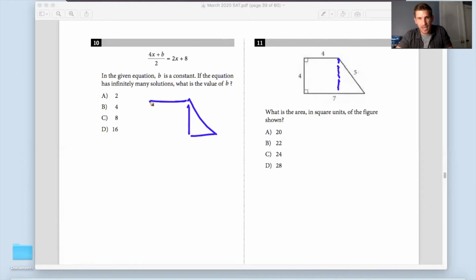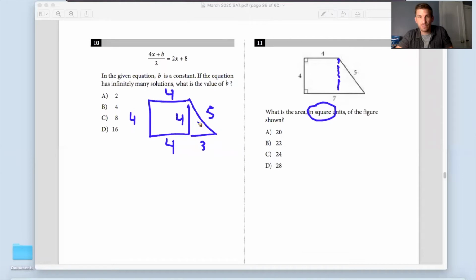So here's what I have, and I normally wouldn't redraw all this on the test, but I'm just going to do it so you can see it. So here's 4, here's 4, here's 4, because it says a square, so it's equal on all 4 sides. So 4, 4, 4, 4, and then here I have a 5, and this would be a 3.